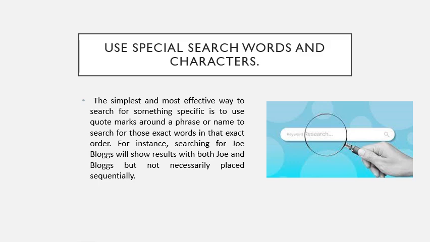Means when you want to search for something accurate, you can insert the quotation marks so that Google will search for that specific keyword that you have entered. For example, if I want to look for the leather jacket, then I have to type the leather jacket in quotation marks. It will show the images or the data related to your stuff.